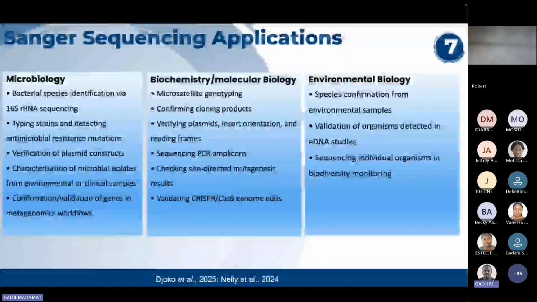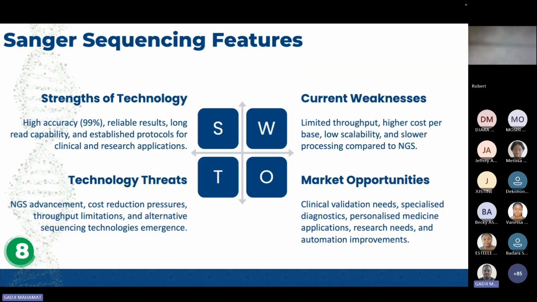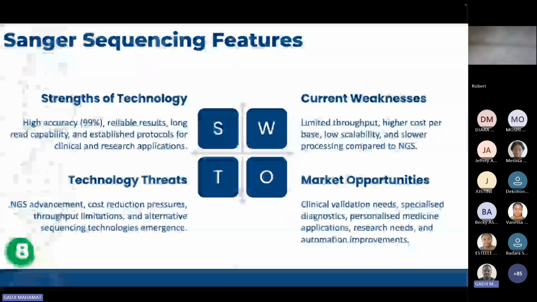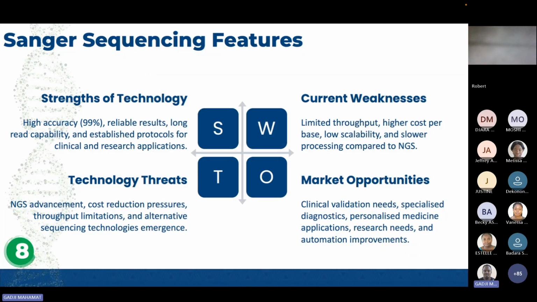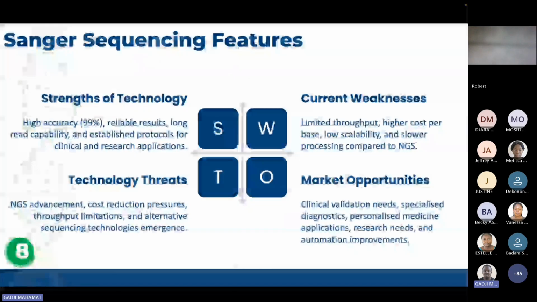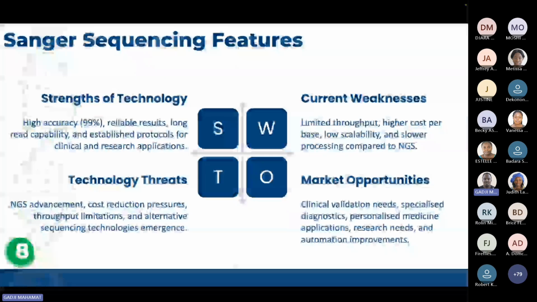There are tremendous strengths of Sanger sequencing that actually surpass the weaknesses. For example, it can generate very long reads and accurate outputs despite the low throughput. But there are also key improvements, including automation of the technology to allow processing of a huge amount of samples.